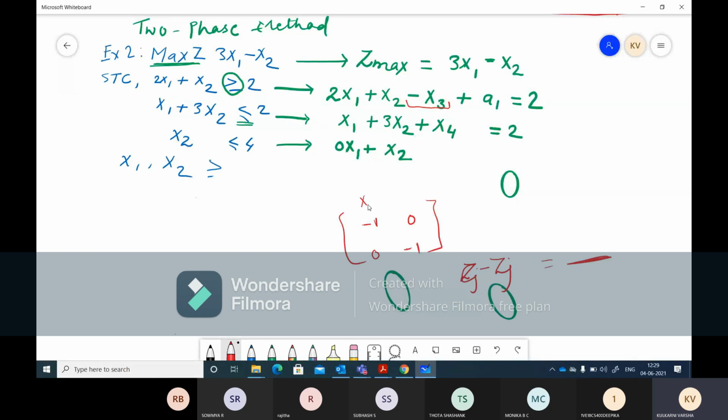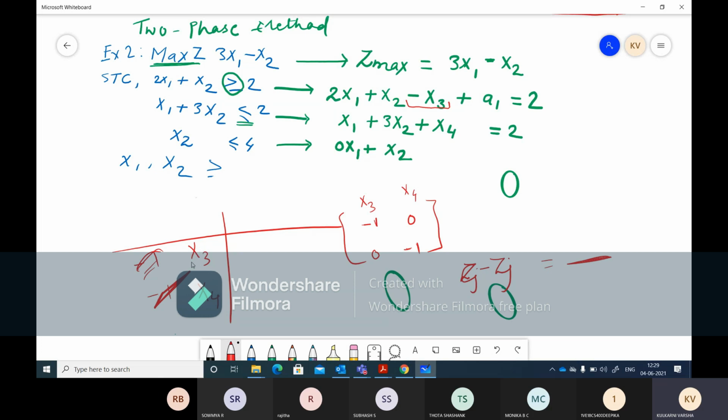Suppose the minus 1 is for x3 and this is x4. We cannot use these x3 and x4, which are surplus variables with minus 1 as a coefficient, to start the simplex method.